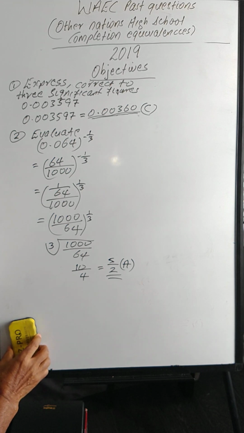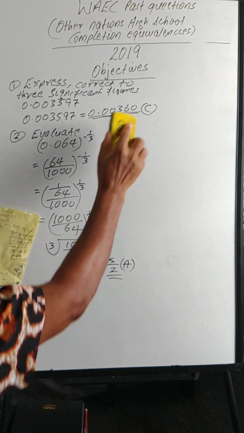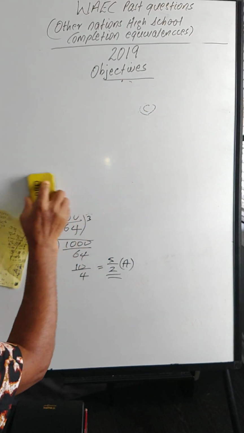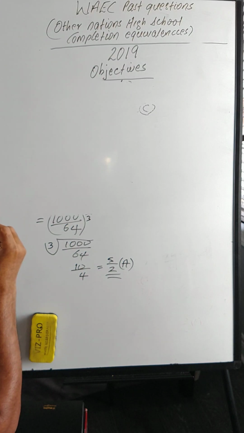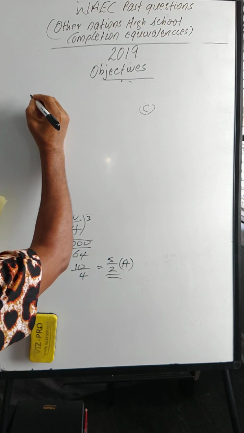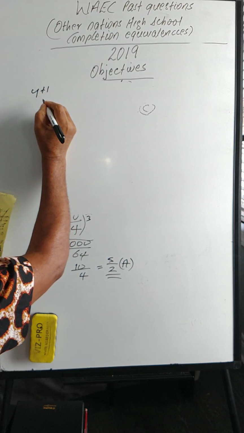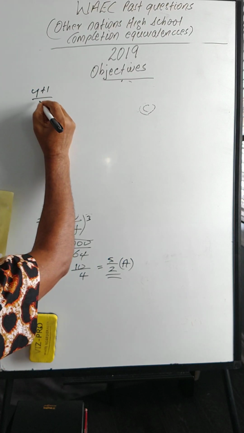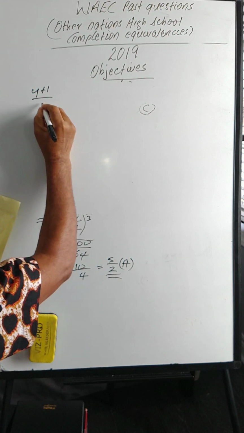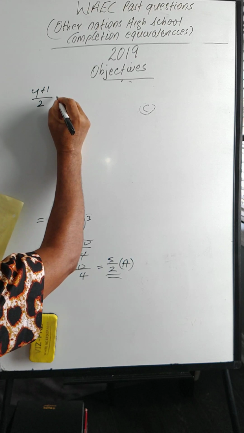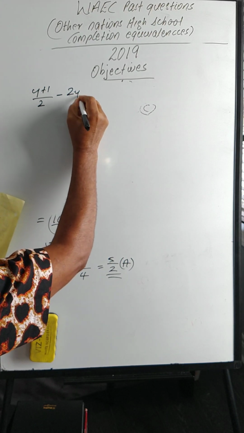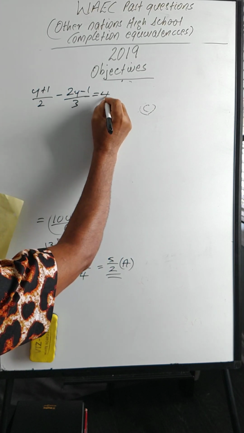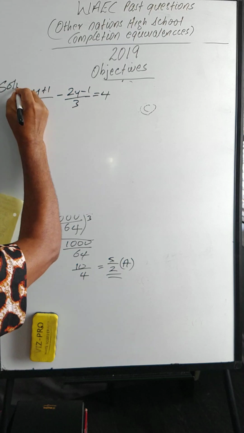Number 3, let's clean our board and continue. Number 3, we are expected to solve (y plus 1) over 2 minus (2y minus 1) over 3, and this is equal to 4.